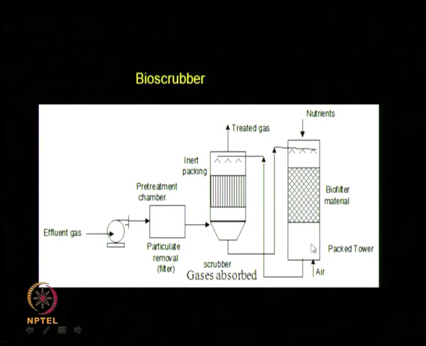You also pump in air from the bottom, so that there is an aerobic type of degradation taking place here. This is called a bioscrubber. So because it contains a scrubber where the gas flows from the bottom and water is sprayed from the top, and it scrubs this particular gas free of the unwanted odors or unwanted vapors or unwanted gases.